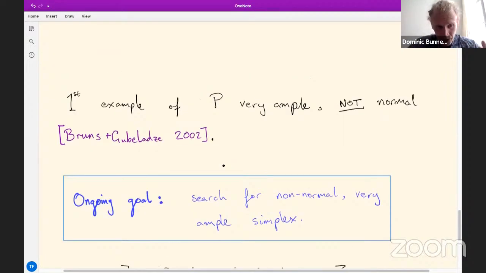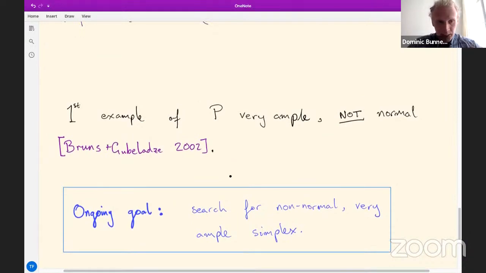And there is an ongoing goal, which is where the talk today is aimed: the search for a non-normal but very ample simplex. We don't know if this exists. In general, there are algorithms. There's a very nice paper by Bruns called "The Quest for Counterexamples in Toric Geometry" from 2013, in which a very nice algorithm is described to come up with very ample but non-normal polytopes.